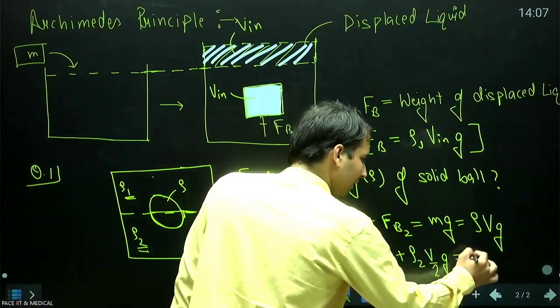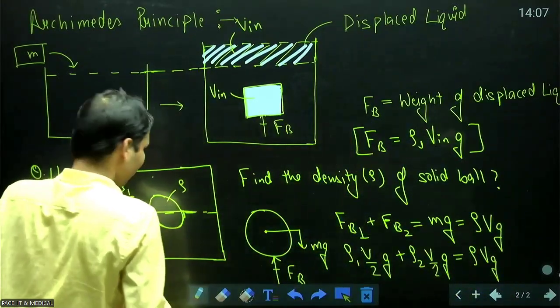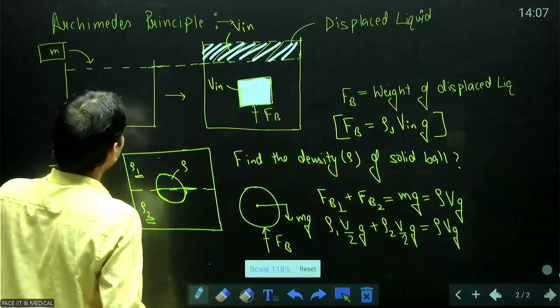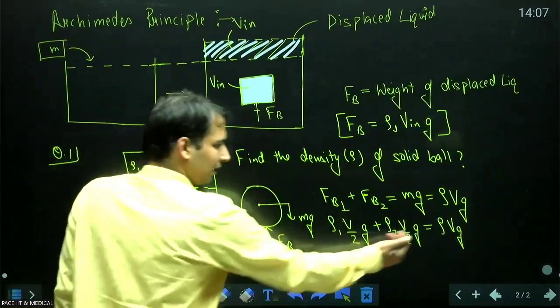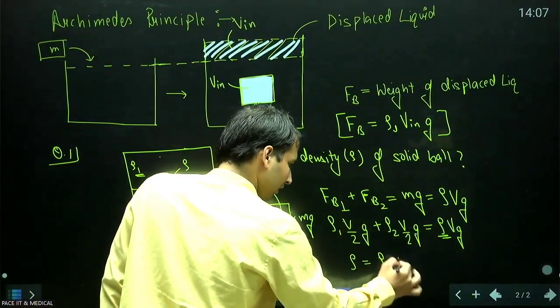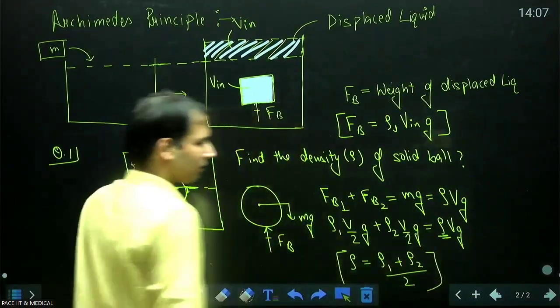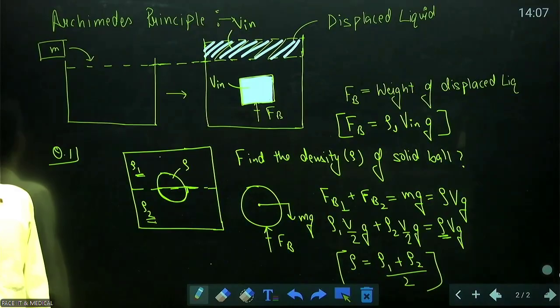And this will be equal to the density of your object times volume times g, right? Solving this equation, we get the density of this solid ball directly as (ρ1 + ρ2)/2, right? We can write this directly, isn't it?